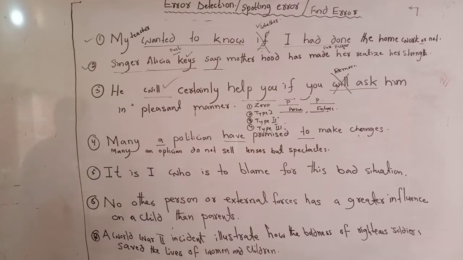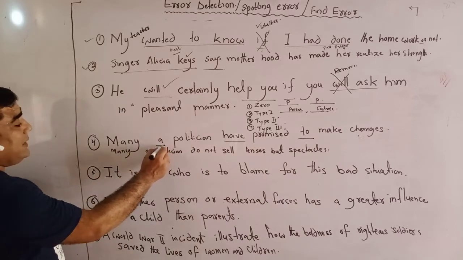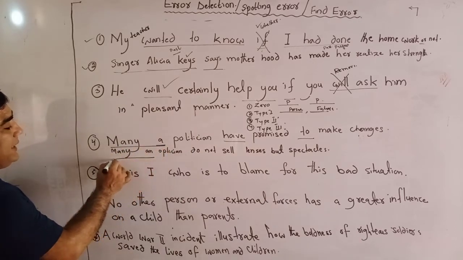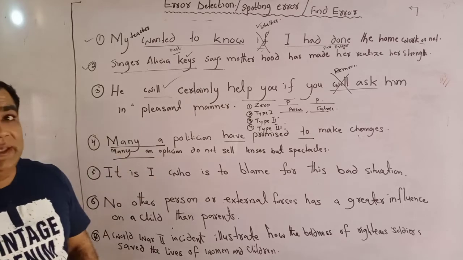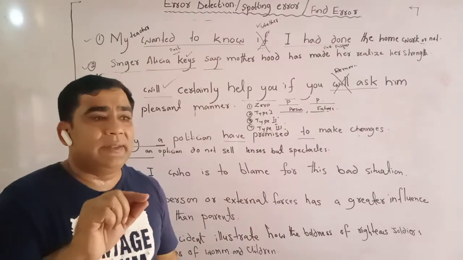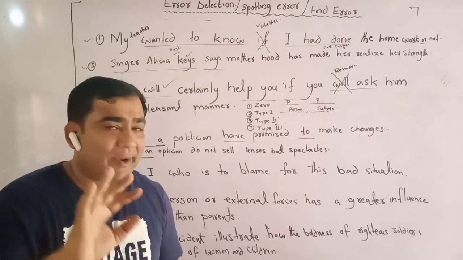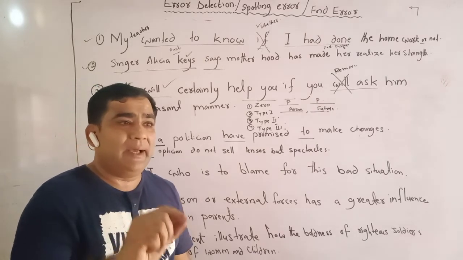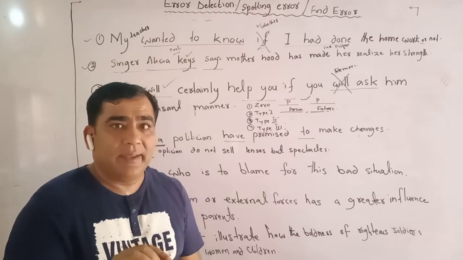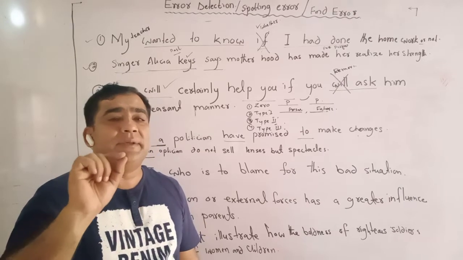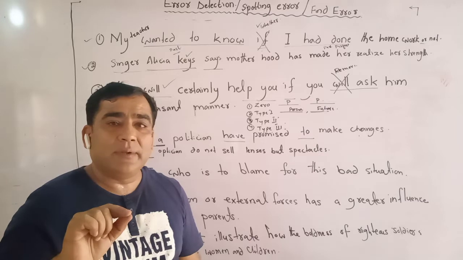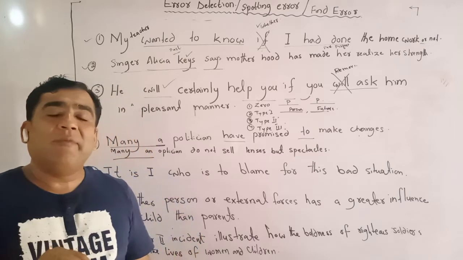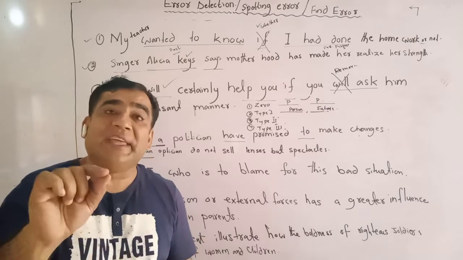Whenever we use "many," it is written with a plural noun always. But when we are using "many a" or "many an," they refer to a small group of people in number, but always they carry a singular verb.